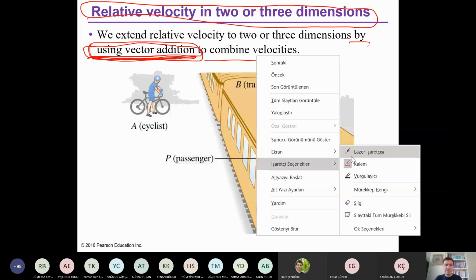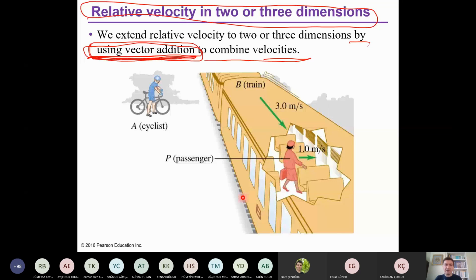So here we have a cyclist. It is at rest. It has frame A, and then there is a train, frame B, which is moving with 3 meters per second velocity. And then there is a passenger here.